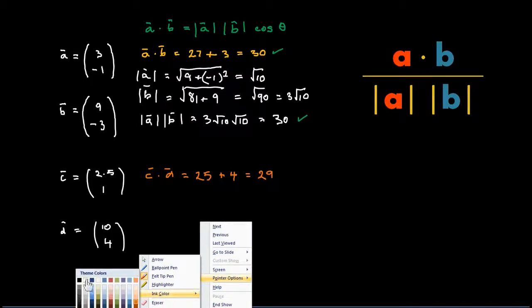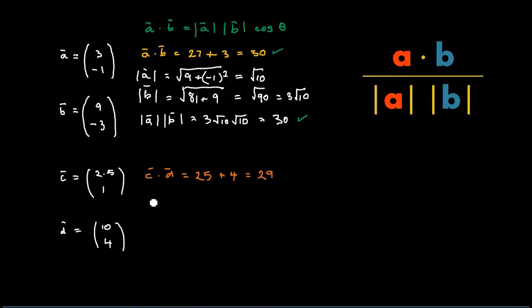So, the magnitude of C we find by square rooting. Now the numbers are a little bit trickier here. I'm going to change this, in fact, to 5 over 2. So I'm going to turn this into a rational number, a fraction. So 2.5 is the same as 5 over 2, simply because that's going to make the calculation easier, and we're going to be able to keep it in exact form. So let's get out of decimals and back into fractions. Okay, so now I need to square 5 over 2.